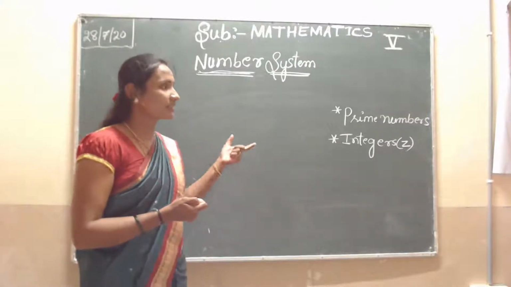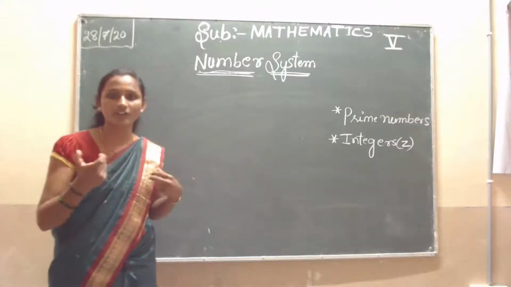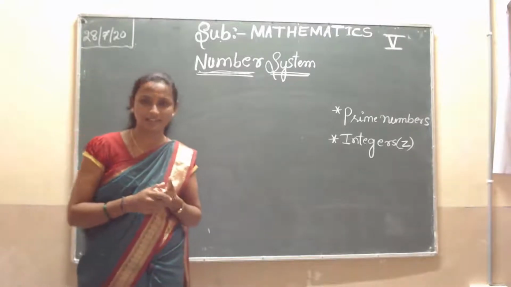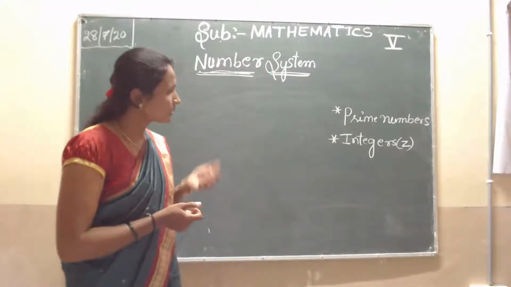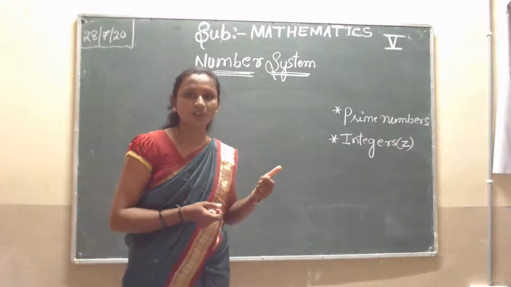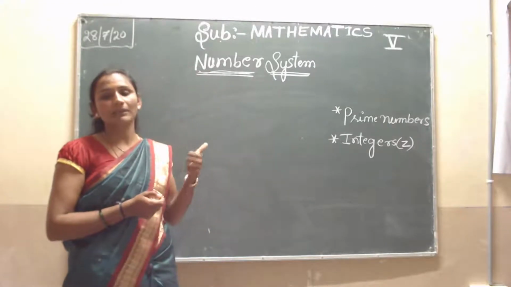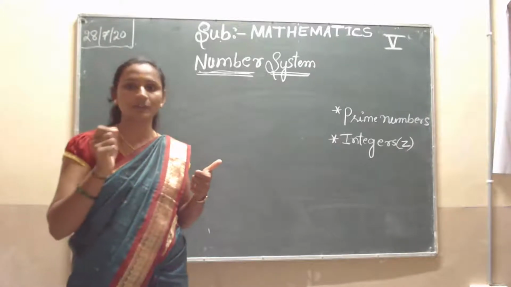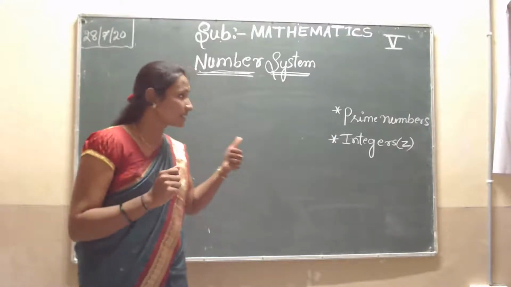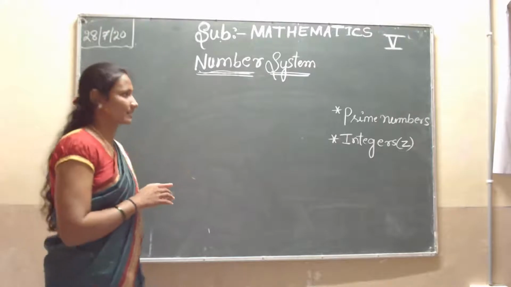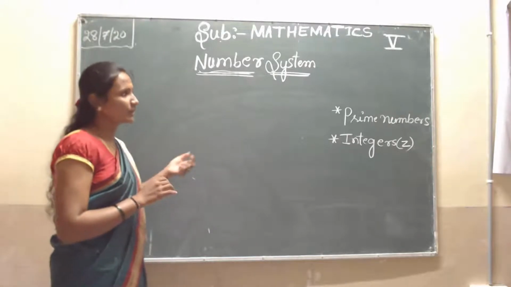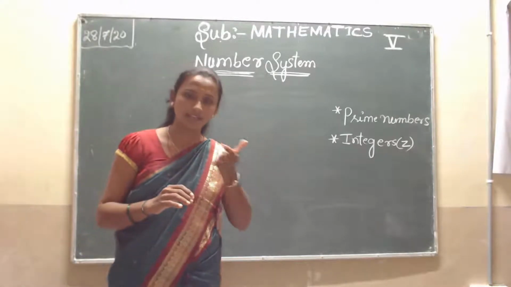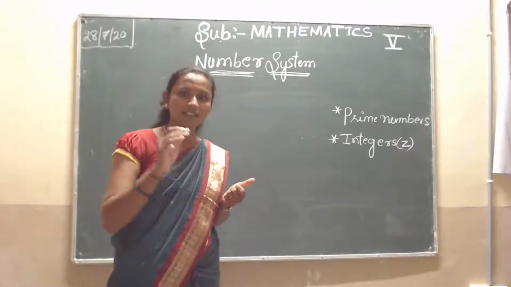Prime numbers were half completed yesterday, so today I will continue with prime numbers. Prime numbers between 1 and 50 were completed in the last class. Today I will continue between 50 and 100.